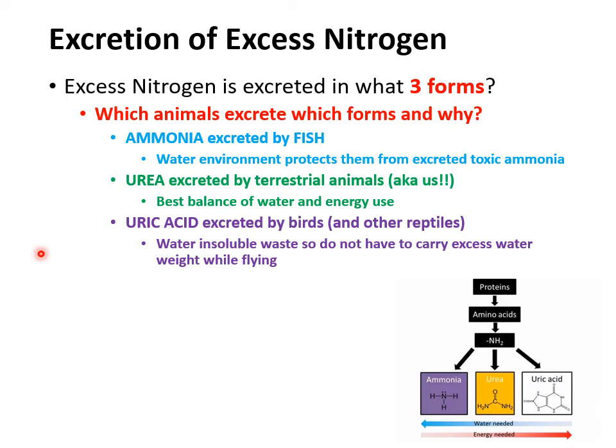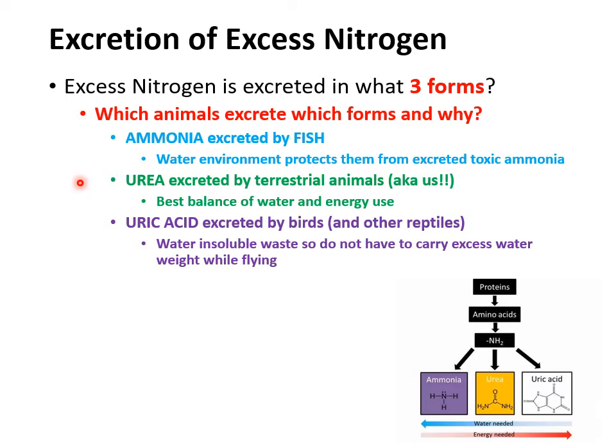And then lastly, birds and other reptiles use uric acid as their way of excreting excess nitrogen. What's good for them about this one is you can see here there's not an excess of water. That's because this one is a water insoluble waste, whereas urea is water soluble.